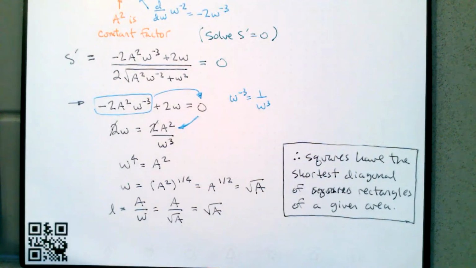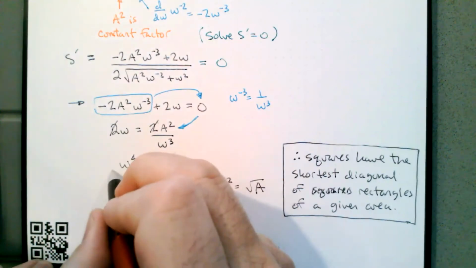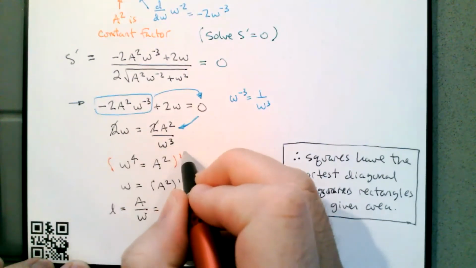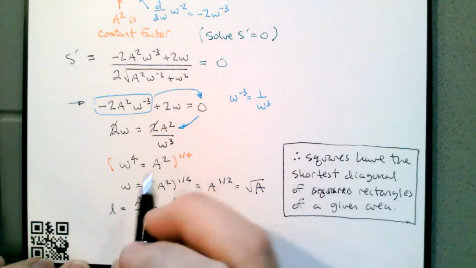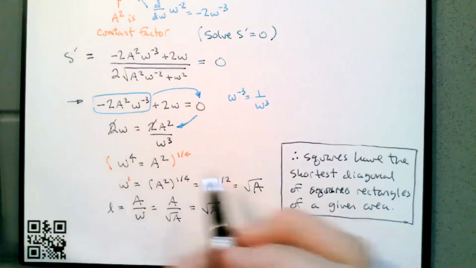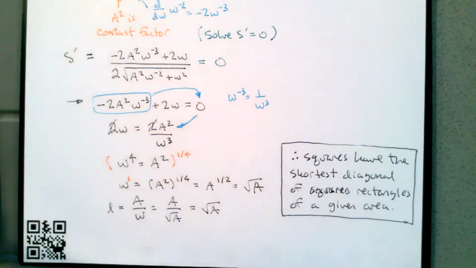Professor Rich, could you explain the w to the power of 4 equal a squared, and then the bottom, w equal, how you get to those answers? I raise both sides to the 1/4 power so I can cancel out the w to the fourth. So if w to the fourth is a squared, I raise both sides to the 1/4 power. W to the fourth to the 1/4 is w to the first, and then I have a squared to the 1/4 power.